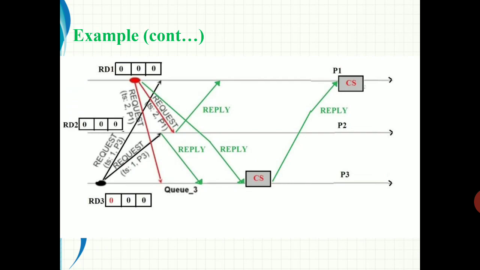Now process P1 gets the reply message from all other processes, that is P2 and P3, so it can enter the critical section. After it finishes, there is no process waiting to enter the critical section. So any process can request the critical section after the execution of P1. It works on the same principle.